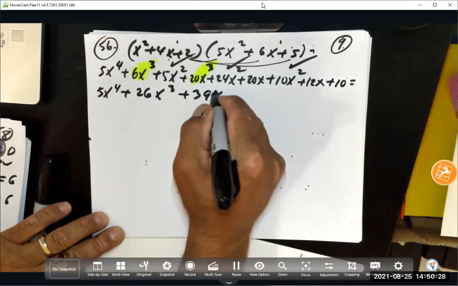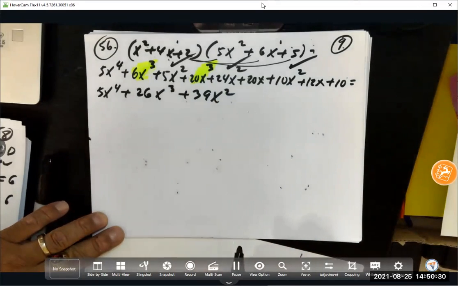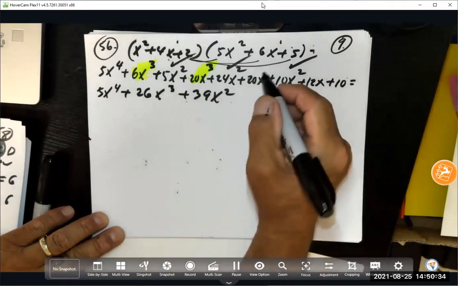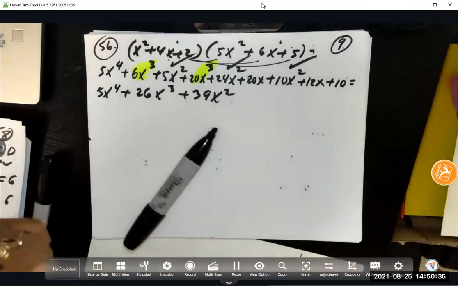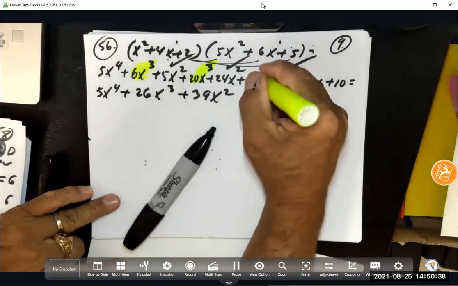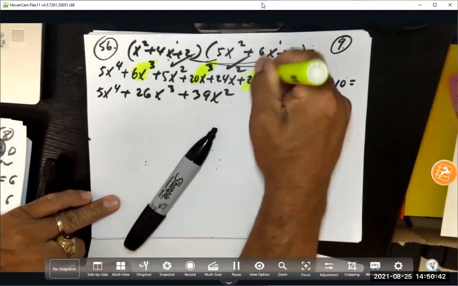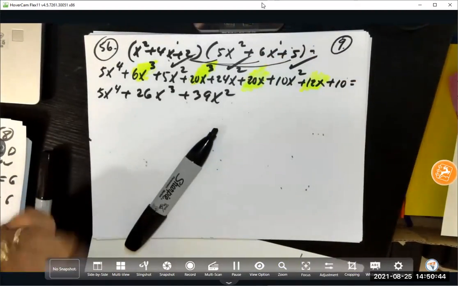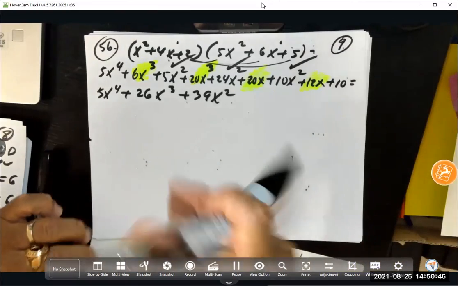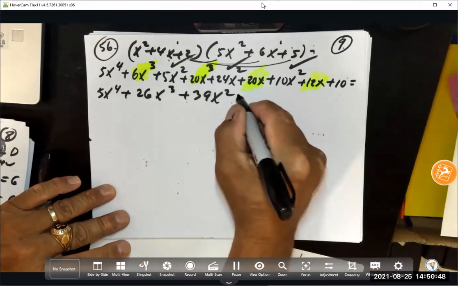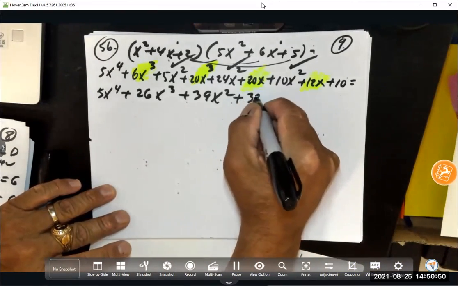Put that. All right. And now we have x's left over, right? Looks like I have 20x. Let me mark them for you. I have this one, and I have this one too, right? I have those 2 right there. So what do you think? 32x, plus 32x.